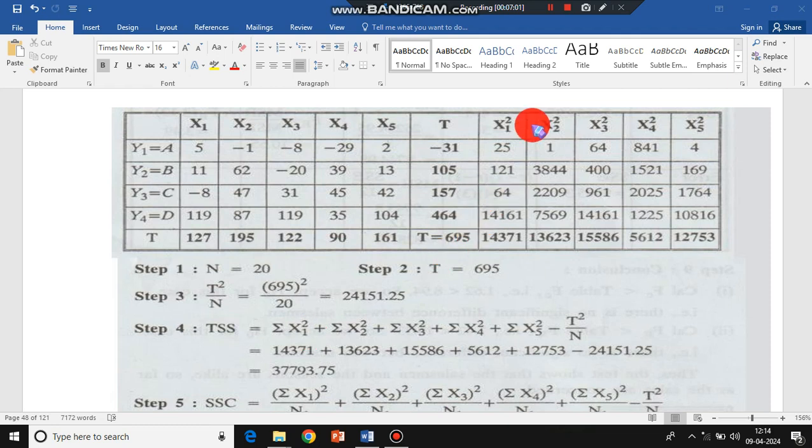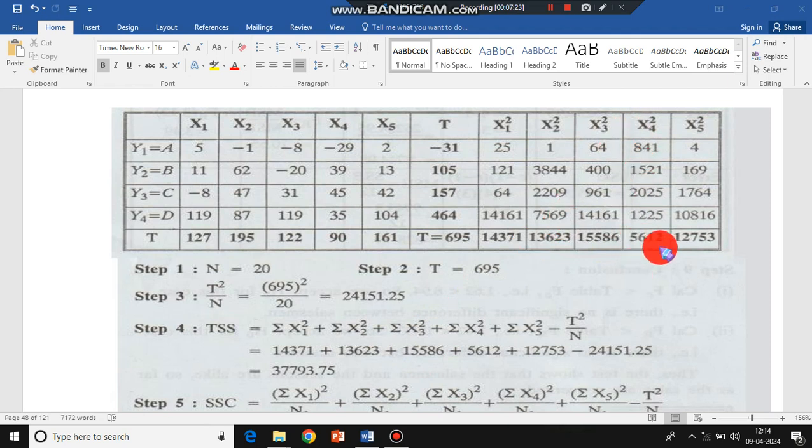So we already know that sum of x1 square is 14371. Sum of x2 square is 13623, and sum of x3 square is 15586.